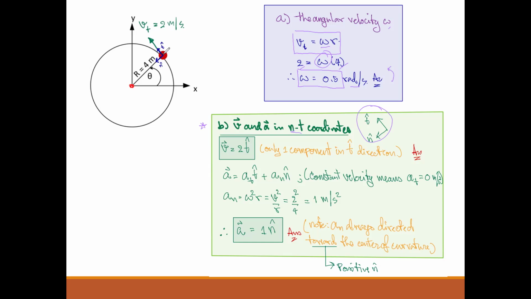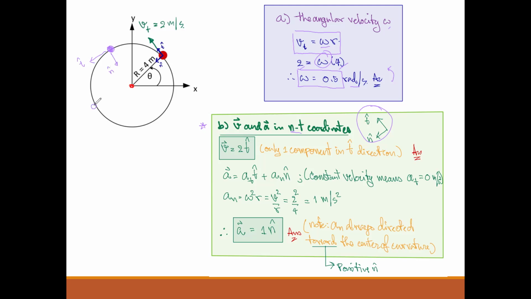It's not constant; it always changes. For example, if the particle is moving to this point, the tangential direction should be in this way, and normal is always toward the center of curve.